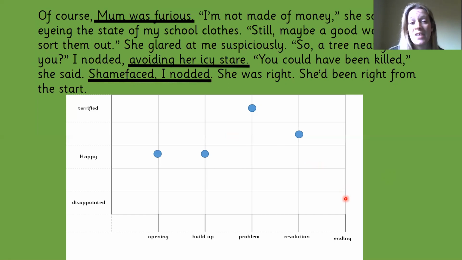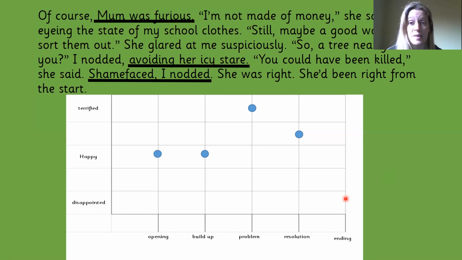Now, I've picked out "shamefaced", "I nodded". Now, shamefaced is just another way of saying that you're ashamed of what you've done. You know that what she was saying was right, and you're almost embarrassed about what you've done. You know that you shouldn't have done it because she's been telling you all along that you should have been worried about going to the pylon and going to the caravan, but you did it anyway, and actually she was right.